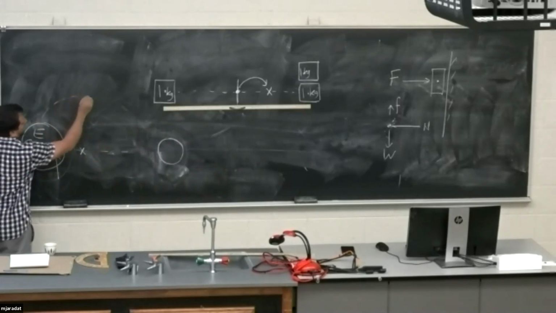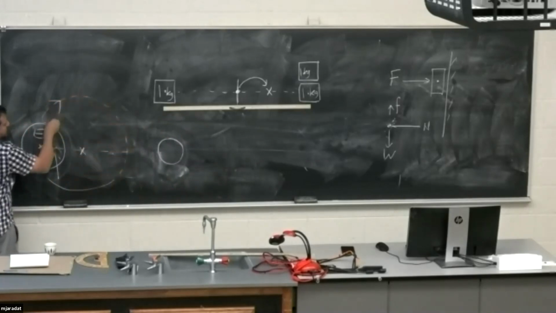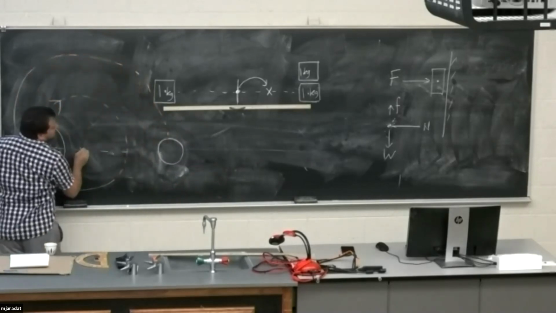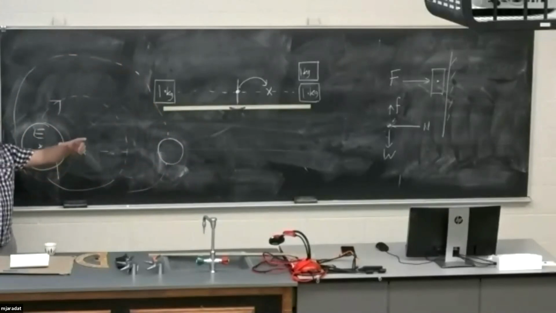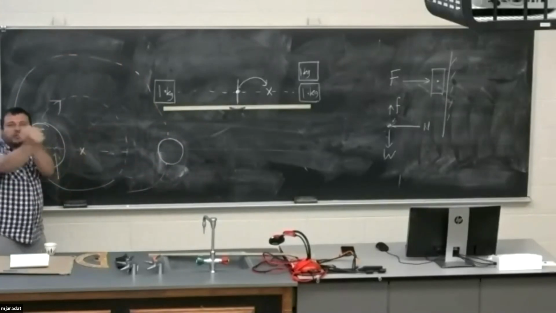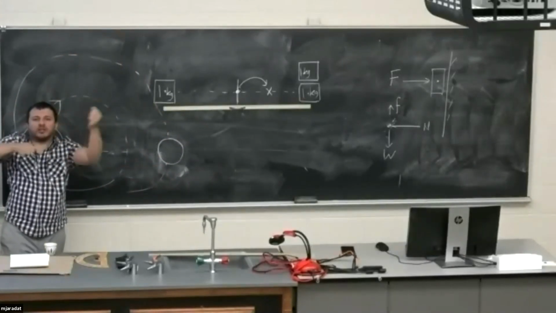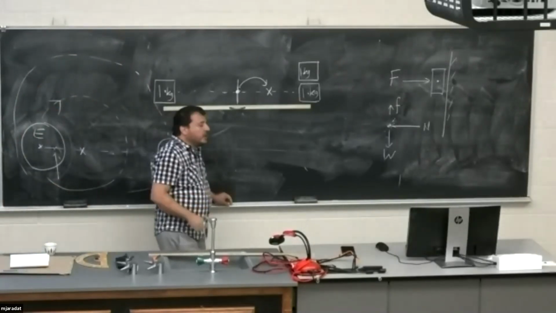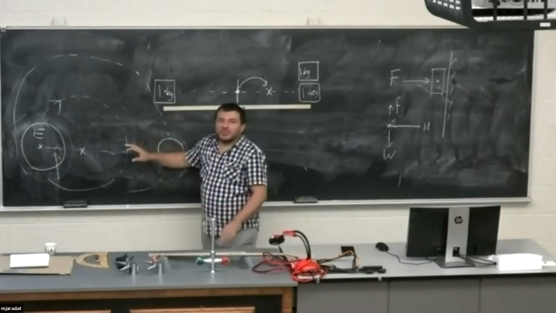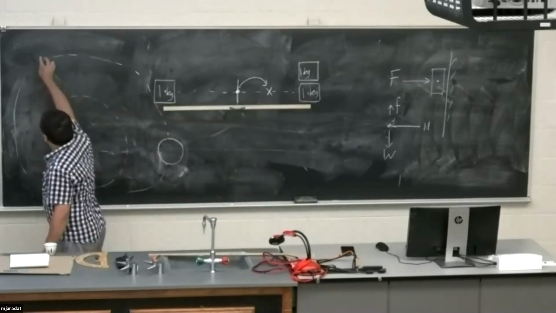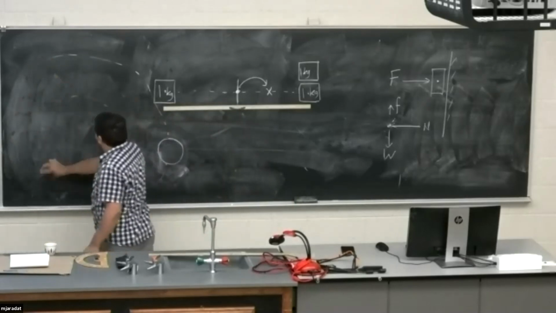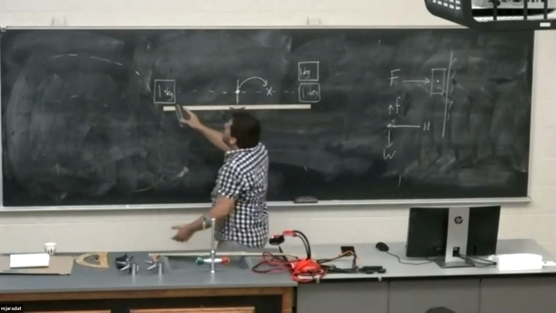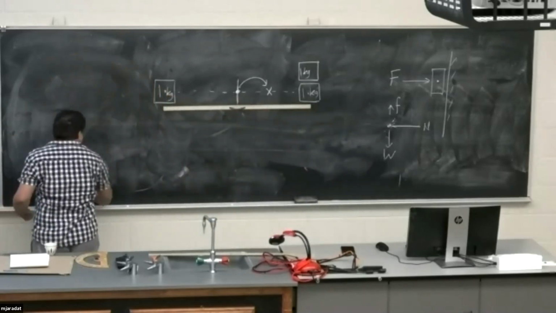For example, this will rotate like this, and this one will rotate like this, around the center of mass. So we have two rotations. They will rotate like this around the center of mass. So the center of mass is very important in all physics study. Okay, how do we find the center of mass of two objects in one dimension? We'll start with just one dimension.